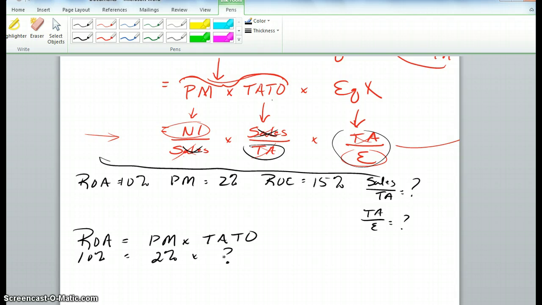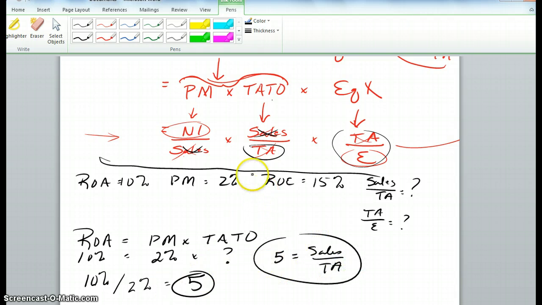I can say 10% divided by 2% equals total asset turnover. So I'll take my calculator and say 0.1 divided by 0.02, and that gives me 5. So total asset turnover equals 5. I know that 5 is sales over total assets. That's my total asset turnover. So we've solved for the first thing that was asked.